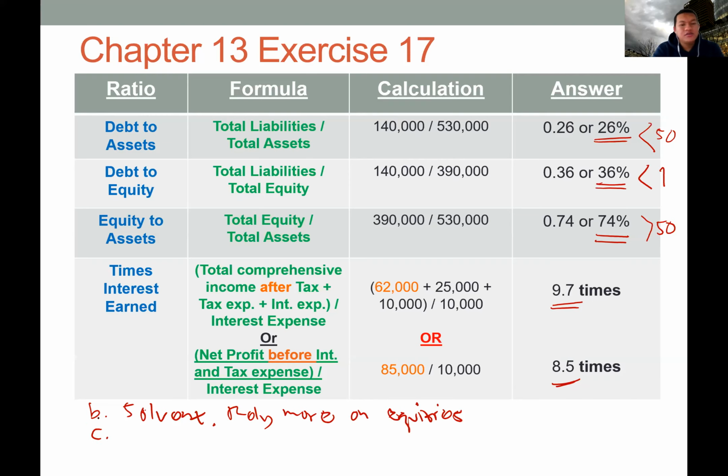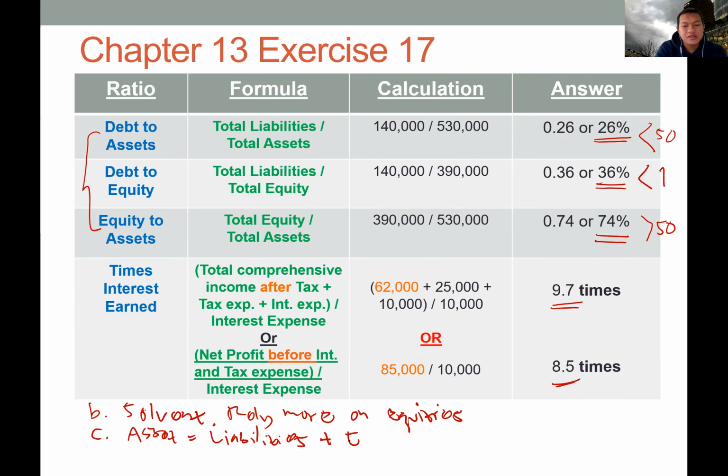And what do these three ratios mean, or how do these ratios relate to each other? If you remember, we have this formula in the balance sheet: assets equal liabilities plus equities.